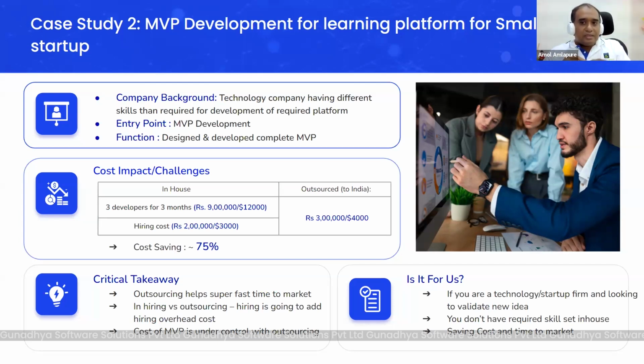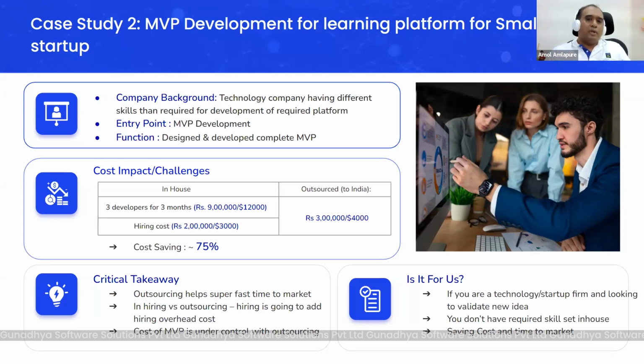So he decided to outsource the MVP, minimal viable product, development to an external firm. That's how we entered the MVP development phase. We designed and developed the MVP for them, and now their team manages the minor changes and platform maintenance.